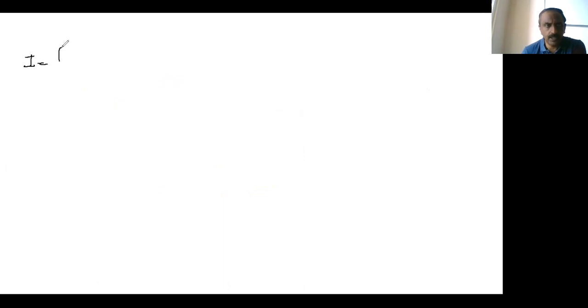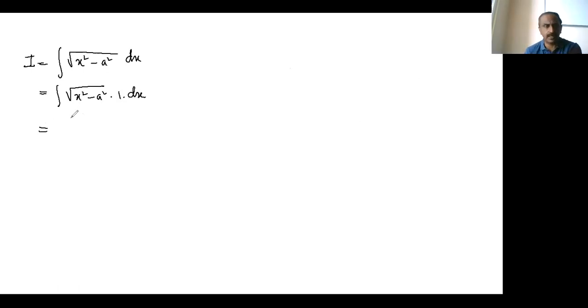I is equal to integral root of x square minus a square into dx. So I'm going to write this as root of x square minus a square into 1 dx. If I'm short of space, I'll write it over here. So which is the first function? This is first, this is second.